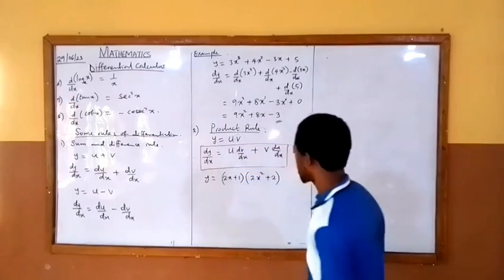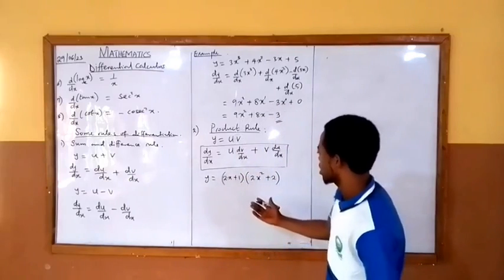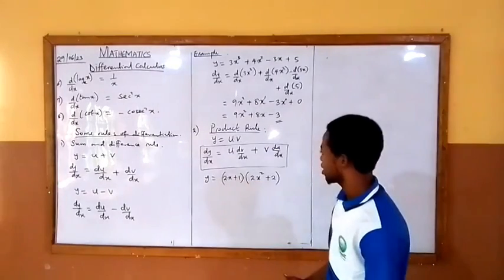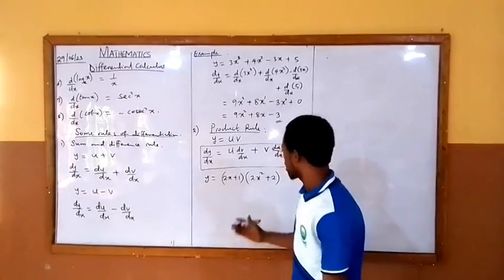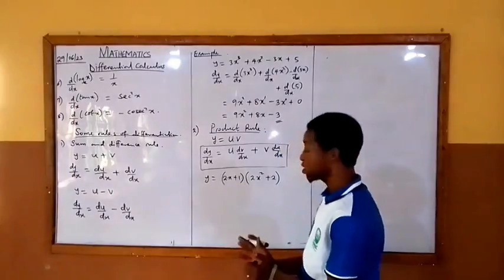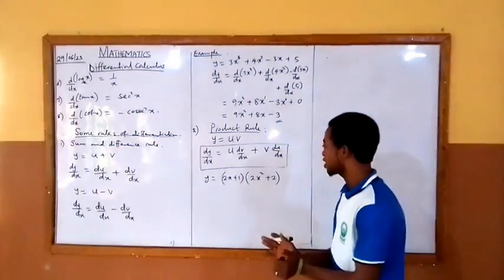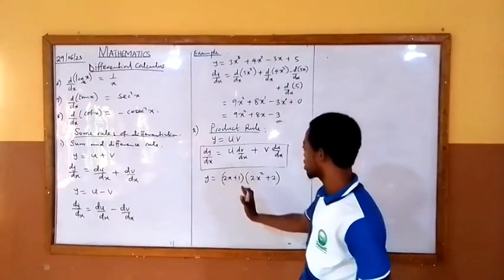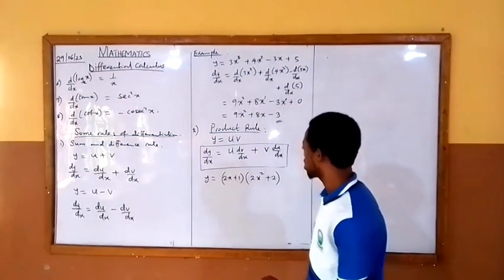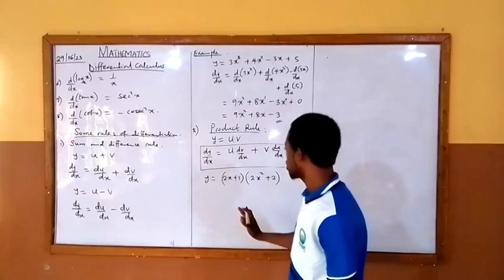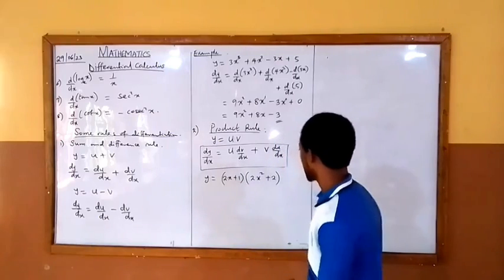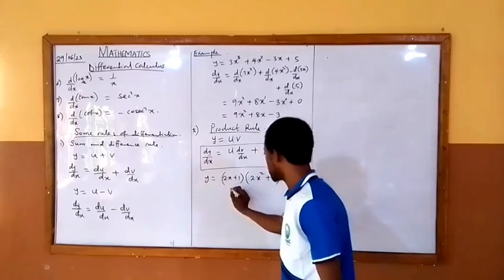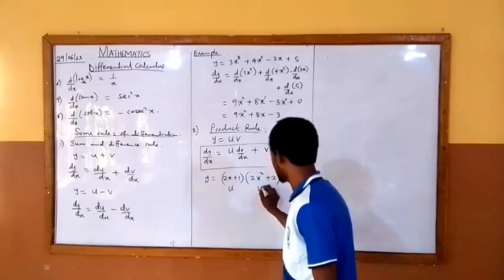Looking at this, you will see that these two functions are both functions of x, and they multiply, because in mathematics, when two brackets are beside each other, it's the same thing as they multiply each other. So we can say let our u be the first bracket and let our v be the second bracket. So we can label this as u and we can label this as v.